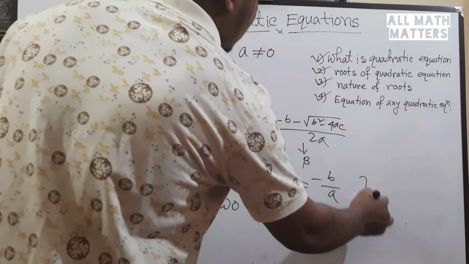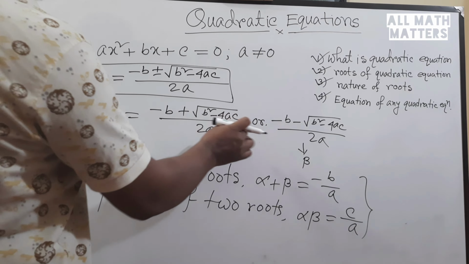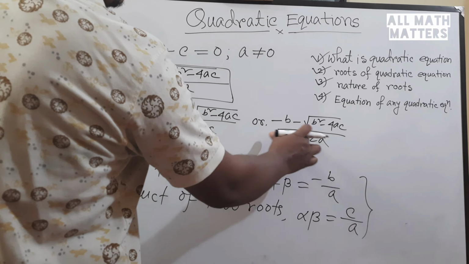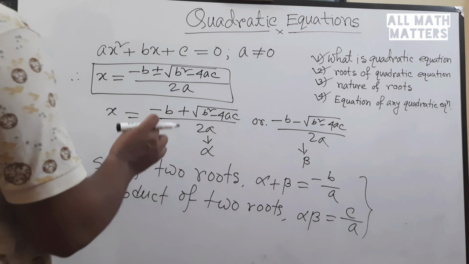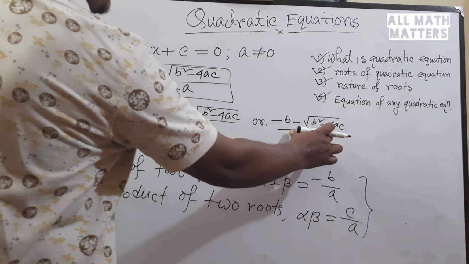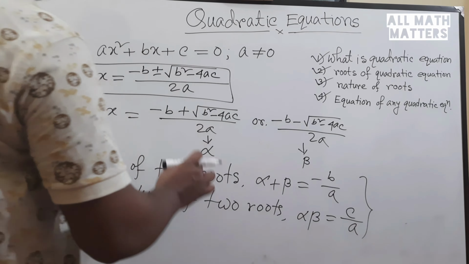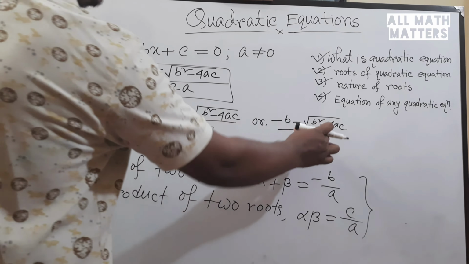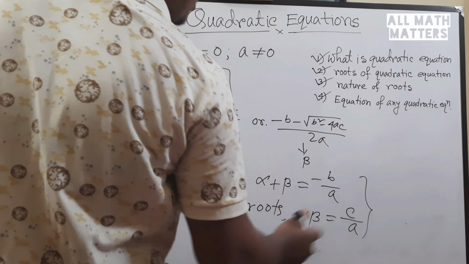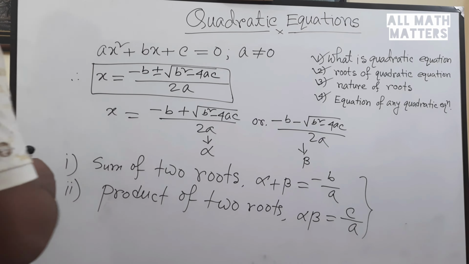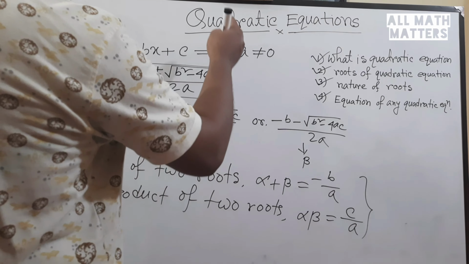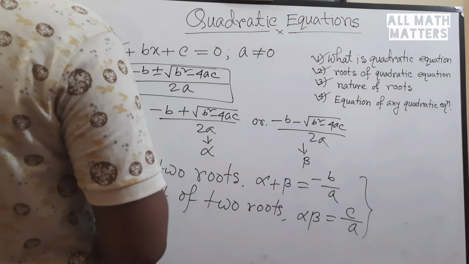So how does it come? By doing the calculation with these two roots, if you add this and this part, then we will get −b/a. If we multiply this and this part, then in short we will get c/a. So this is the sum and product of the roots of any quadratic equation.